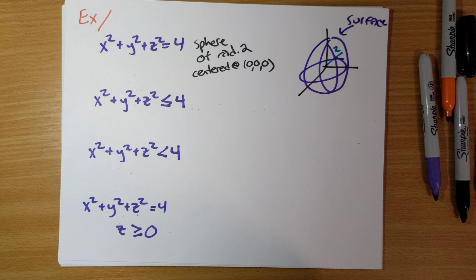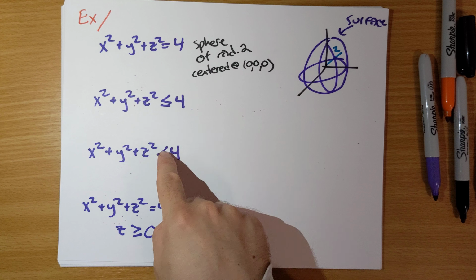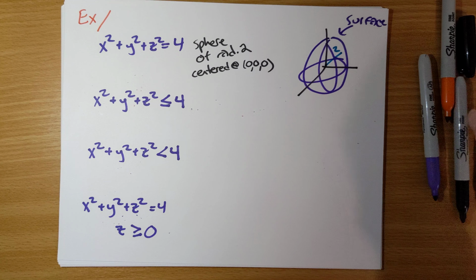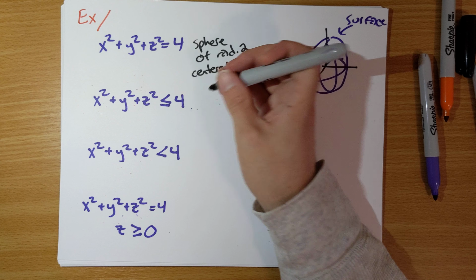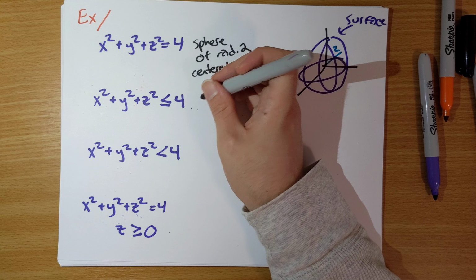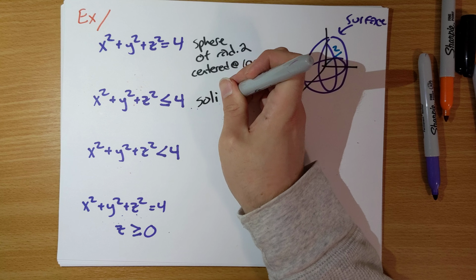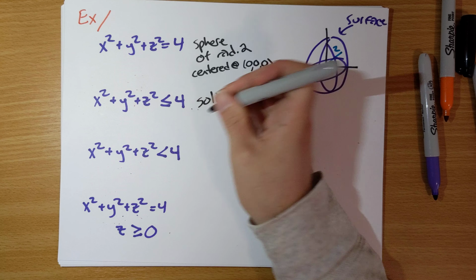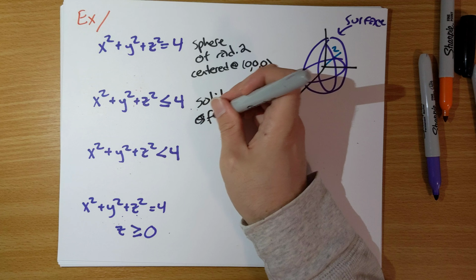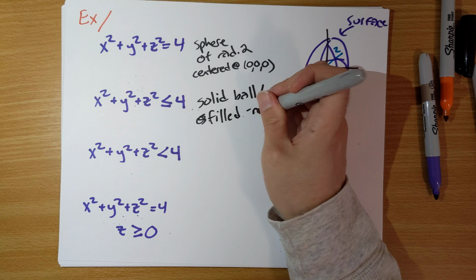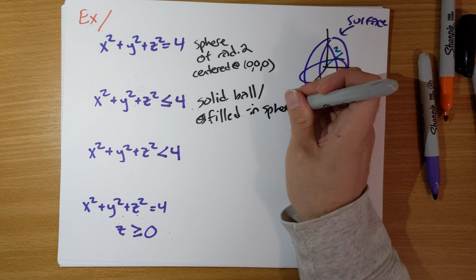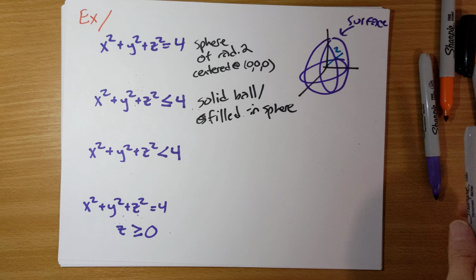But if we do x squared plus y squared plus z squared is less than or equal to 4, this is the filled in sphere. This is a solid ball or a filled in sphere of radius 2 centered at the origin.